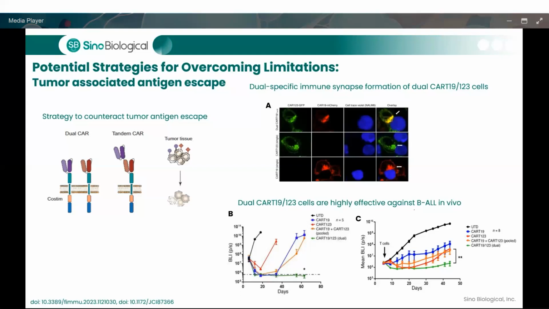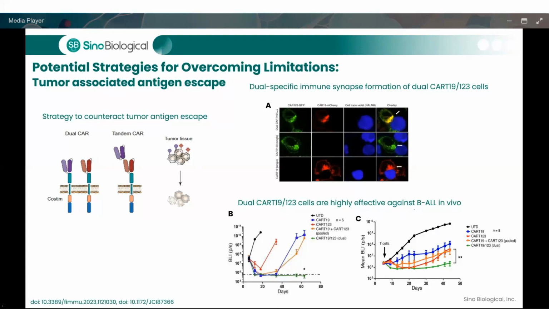One of the most promising applications of dual CARs is using dual CD19 and CD123 targeting of B-cell acute lymphoblastic leukemia. Firstly, both CAR-T19 in green and CAR-T123 in red were engaged in the same immunosynapse, merged as yellow in a dual CAR, as shown in figure A.